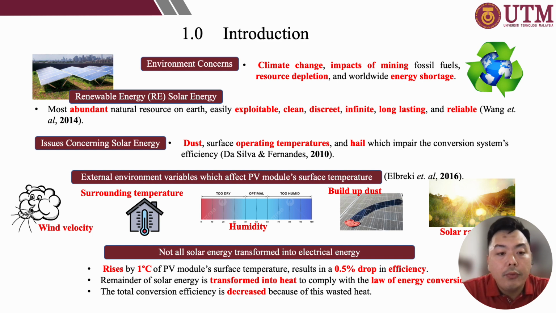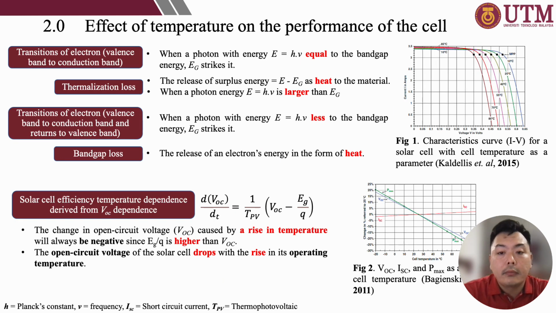With a rise of 1 degree Celsius of the module surface temperature, it results in a 0.1 drop in efficiency. The remainder of solar energy is transformed into heat as it complies with the law of energy conversion. The total conversion efficiency is decreased because of this wasted heat.